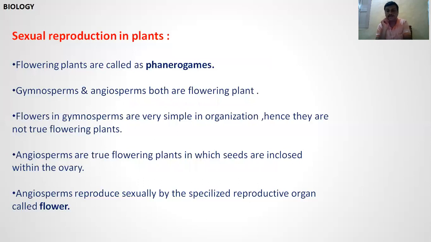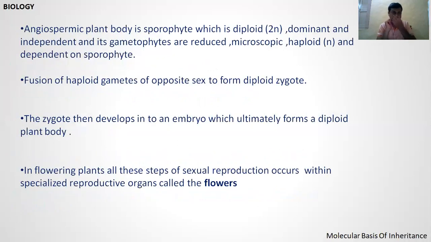The angiospermic plant body is a sporophyte, which is diploid, dominant and independent, and its gametophytes are reduced, microscopic, haploid in nature and dependent on the sporophyte. The gametes of opposite sex fuse to form the diploid zygote.